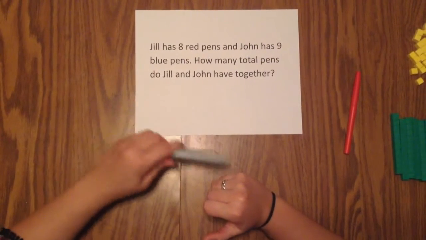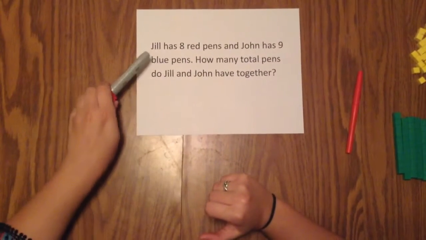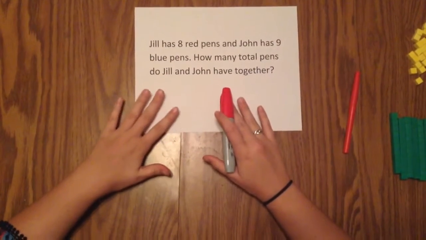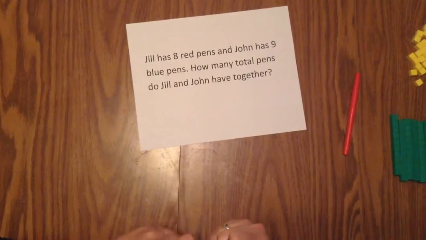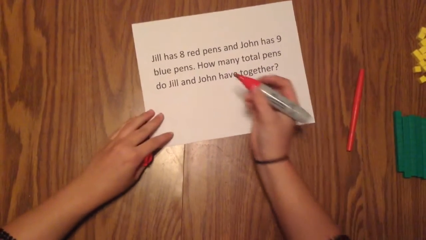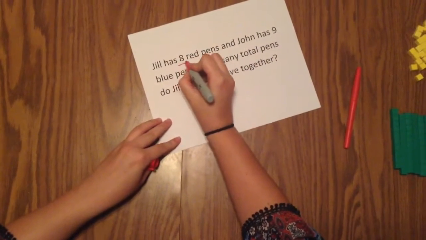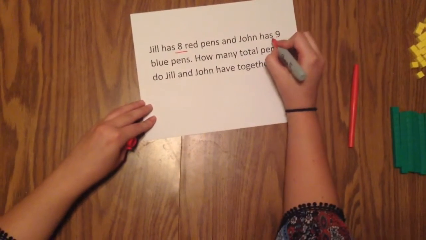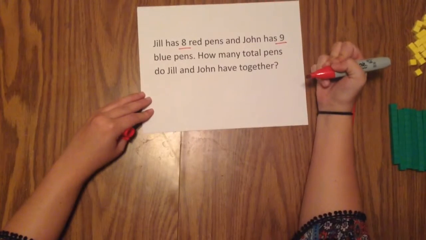So let's reread this sentence, and now we're going to underline the key words that will help us solve this problem. Jill has 8 red pens and John has 9 blue pens.